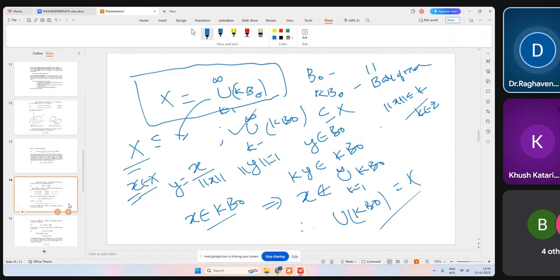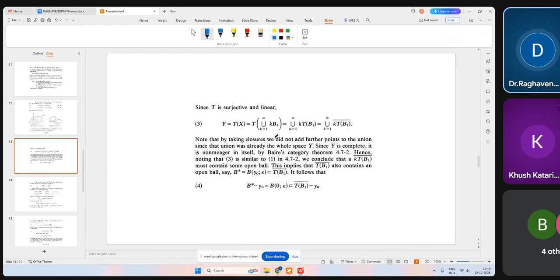That is what is written here. Now you can use the linearity. So this T of KB1, this K you can pull out and take the T inside. Then this is nothing but the union over K equal to 1 to infinity of K T B1, which is contained in the union of K times the closure of T B1.